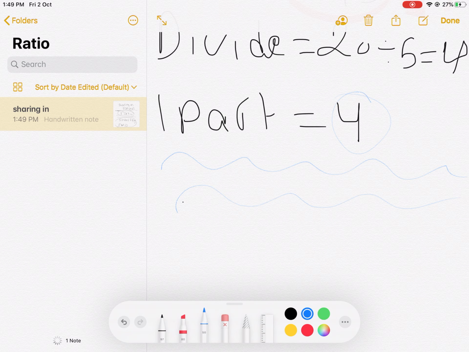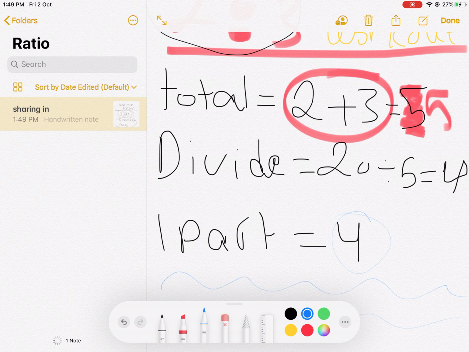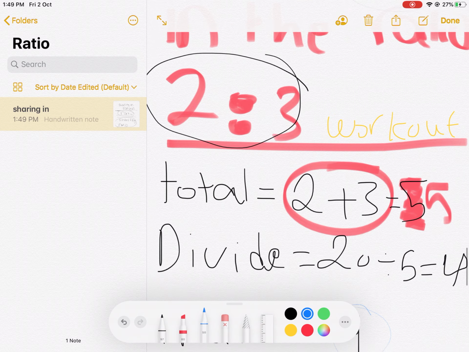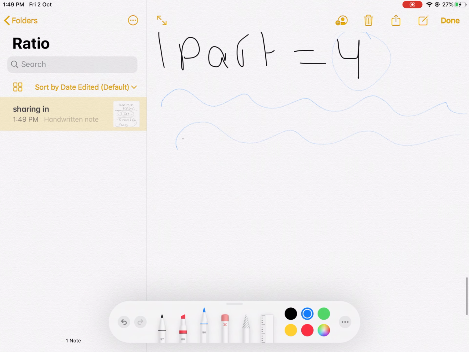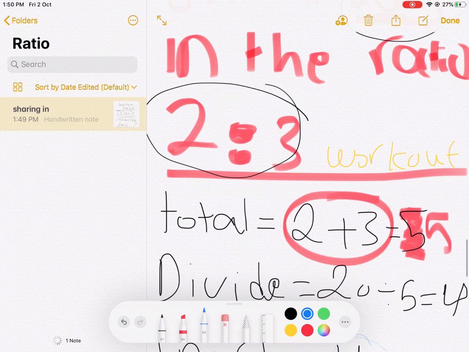When it says share $20 in the ratio 2 3, what do we do? We do 2 times 4. But why 2 times 4?